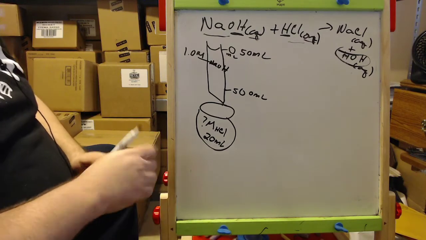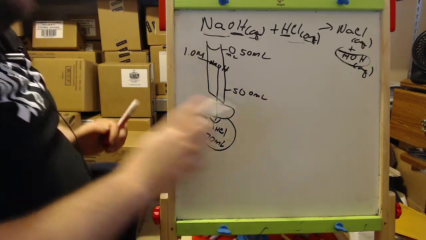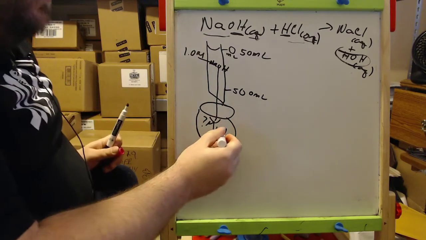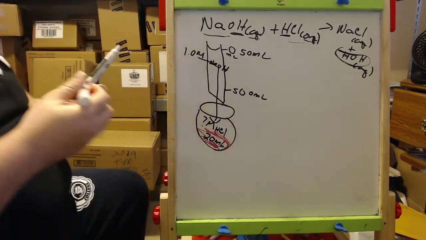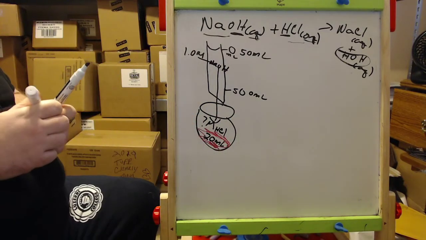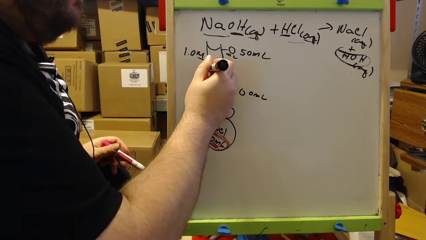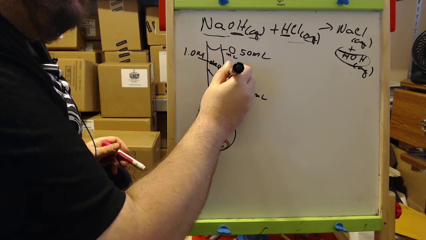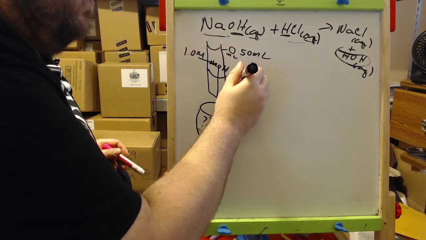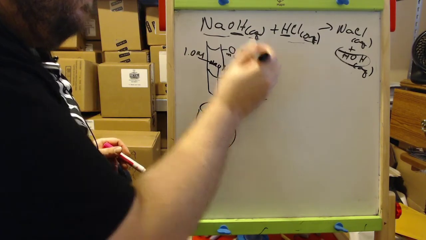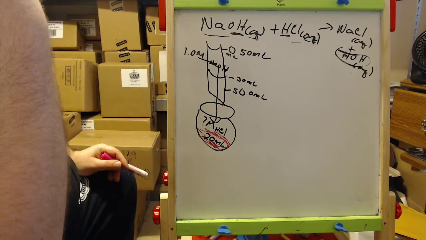So, we would continue to add base into the acid until we got a pink color. When that pink color shows up, we then take a reading on our burette.